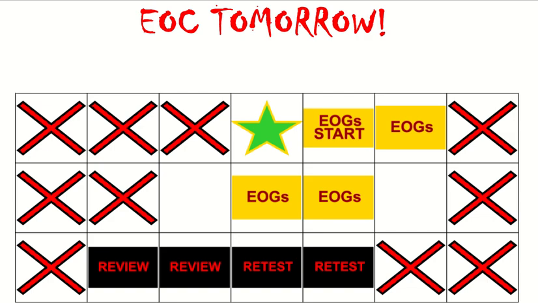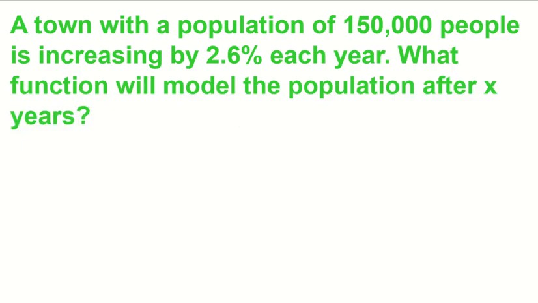Occasionally someone does, but usually not so much. You have a max of 4 hours for the EOGs, for science. For eighth grade math and ELA, it's a maximum of 3 hours. But there is a maximum of 4 hours for the EOC.